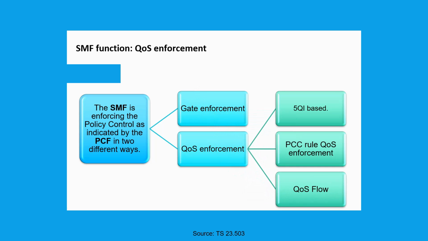The third one is based on the QoS flow itself. When we have a set of QoS flows, I mean several service data flows (SDFs) concatenated together in a flow, and we want to enforce a policy on them, we need to ensure that the resources allocated to them are authorized and they don't consume more resources than they are allowed to.